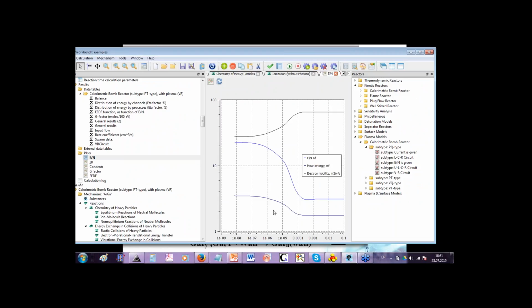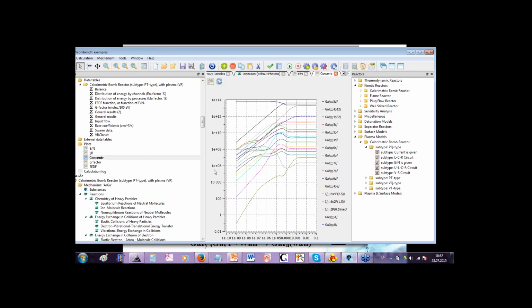Actually, we are looking for the steady state condition here. You see the mean electron energy is practically constant, and electric field strength is constant at a level of about 1 to 5 thousandths. Here we may see the dependence of the principal concentrations versus time, on a logarithmic scale. We see formation of gallium in the metastable state.